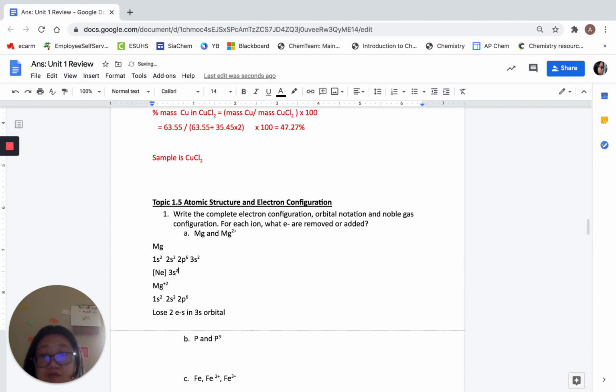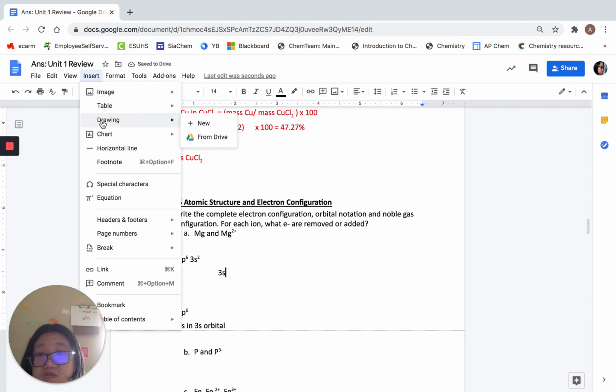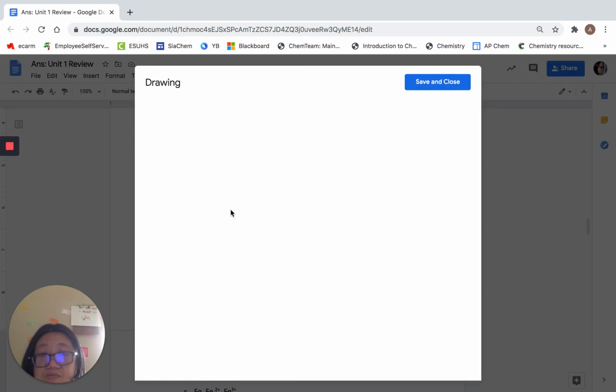Now if you are looking for the orbital diagram, as we'll ask for orbital notations, the orbital diagram, here is how you're going to draw it. You're going to say this is 3s, and then insert drawing, new.